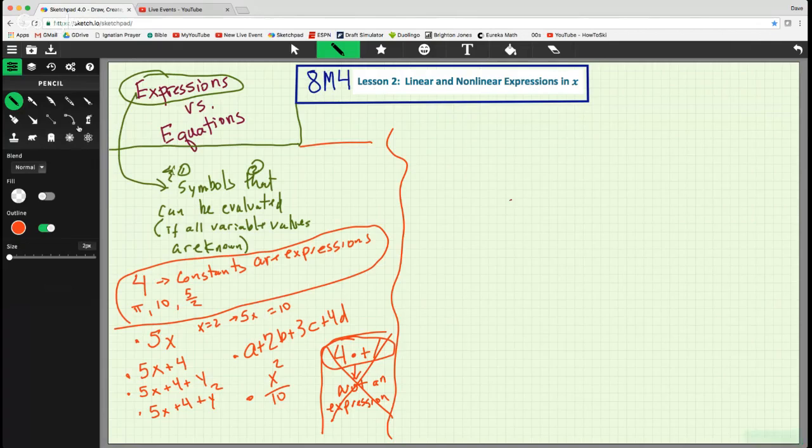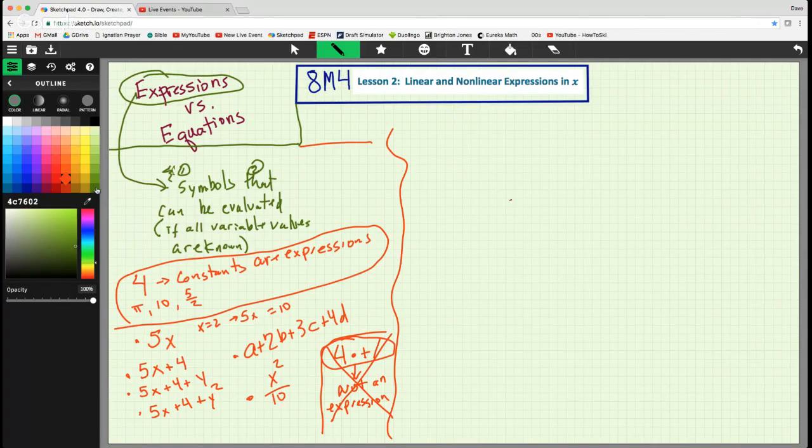Okay, so let's talk about equations. An equation is simply the setting of two expressions, or the statement of two expressions, as equal.